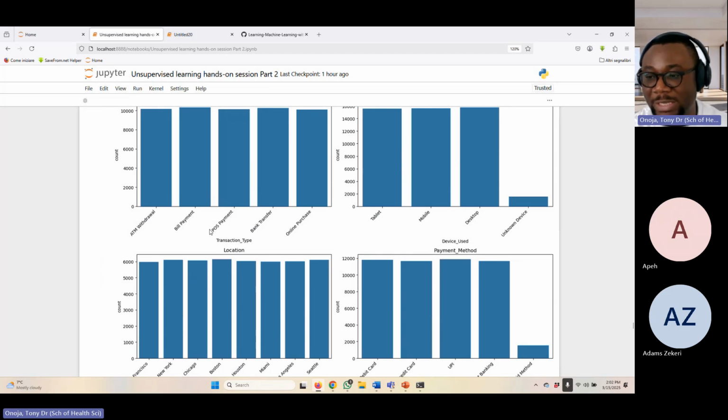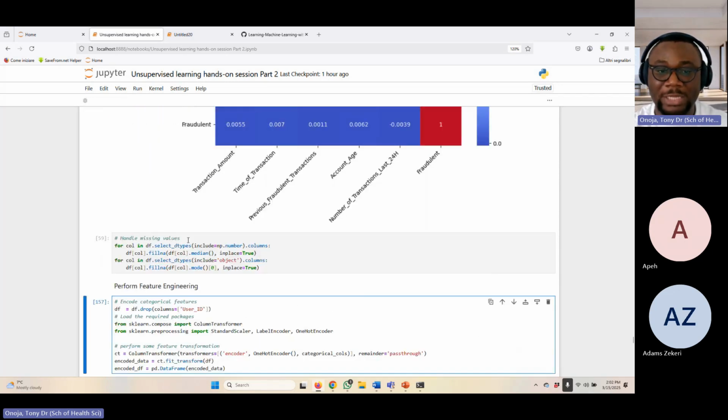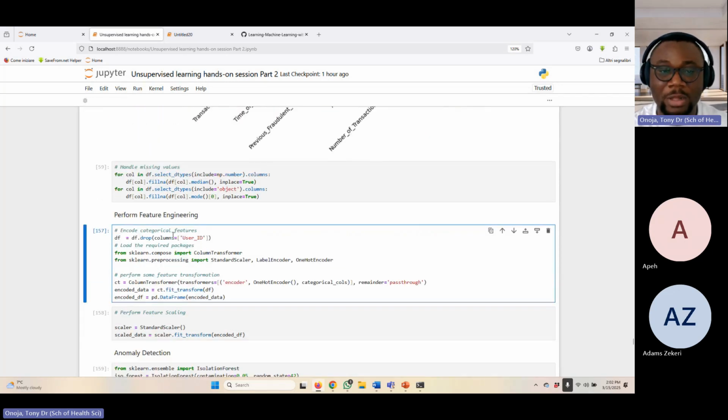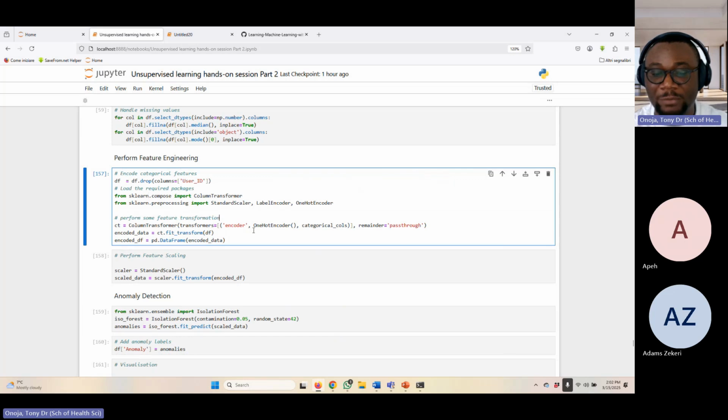Is it a bank transfer, etc., that is being used? So that's what we're trying to do here by performing the one-hot encoding. Like I told you in our previous classes, the one-hot encoder opens up the dataset so we can see it. It's like a closed book that has so many pages. When you open it up, each of those pages becomes a column on its own. So that's what we're trying to do.